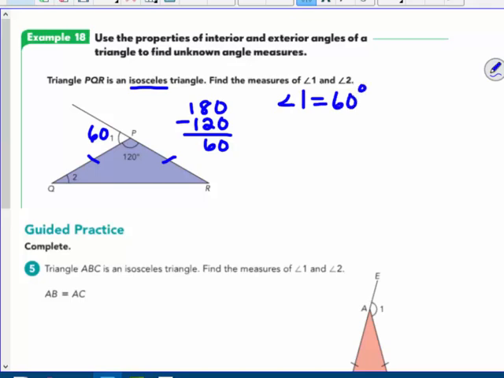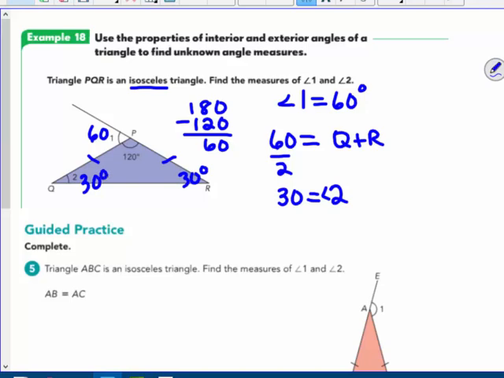And angle 1 is the remote exterior to angle Q and R. Well, Q is the 2, so 60 has to equal angle 2, which I'll say Q plus R. And since it's isosceles, they have to be exactly the same. So 60 divided by 2 is going to give me that 30 is the measure of angle Q or angle 2. And it's also angle R here. So angle 2 is 30 degrees.